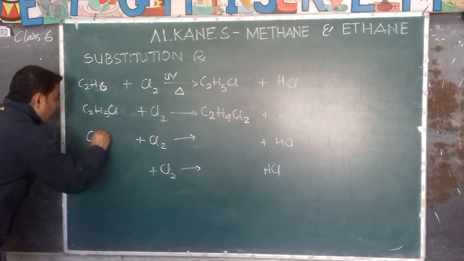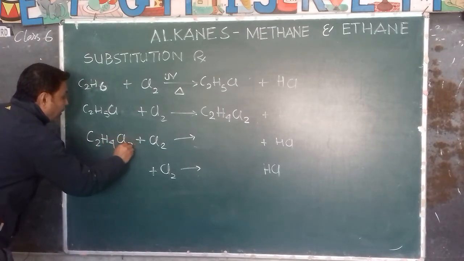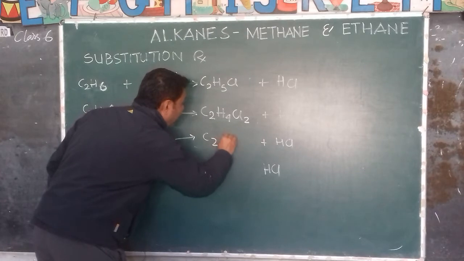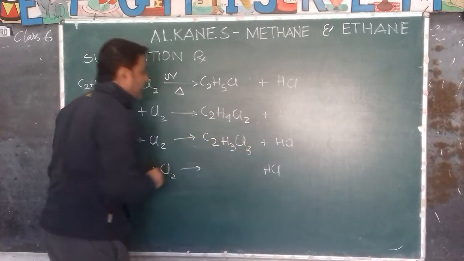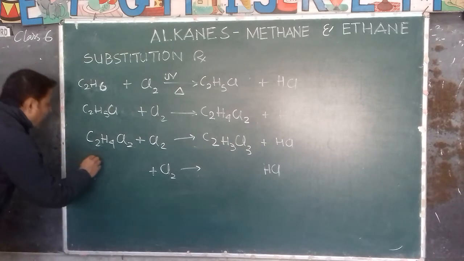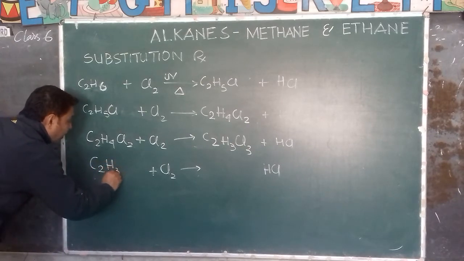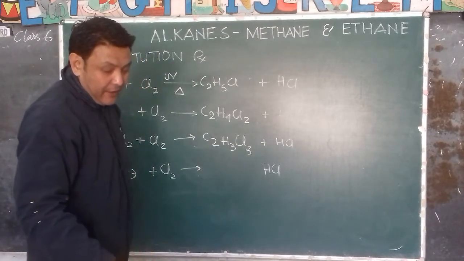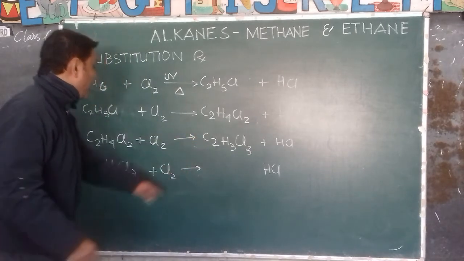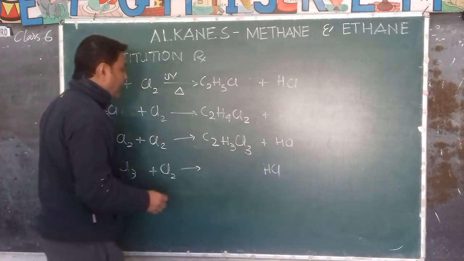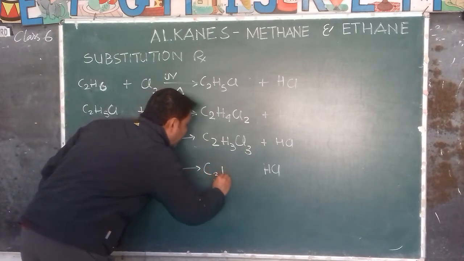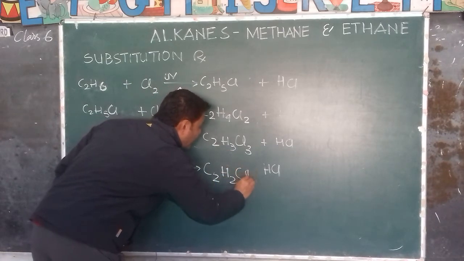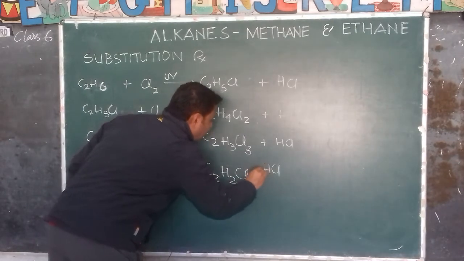Now dichloroethane further reacts with chlorine to form trichloroethane, C2H3Cl3. This is trichloro, 3 chlorines. So tetrachloroethane now, C2H2Cl4, plus HCl.